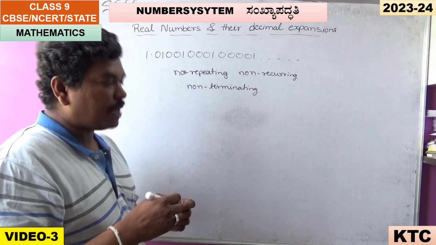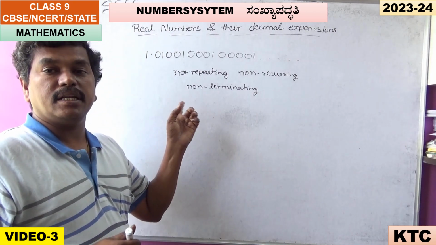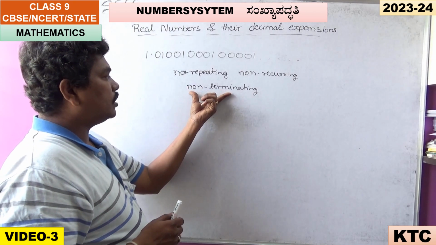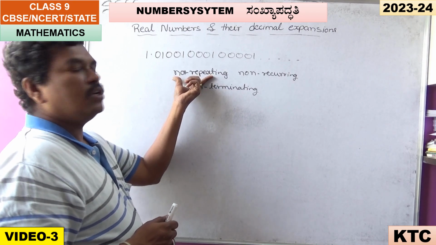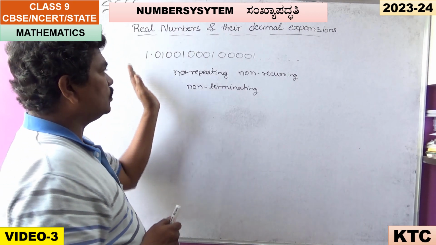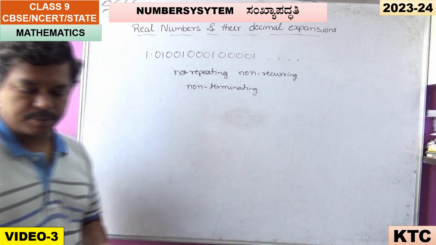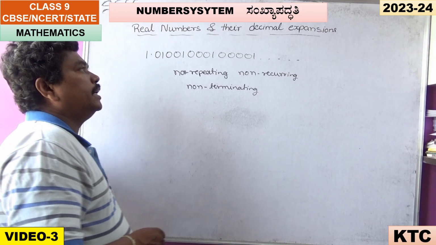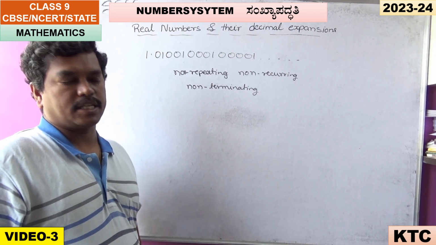Non-terminating. So these types of numbers are called irrational number expansions. So it is non-terminating and also non-repeating, or non-recurring. So these decimal expansions are called the decimal expansions of irrational numbers.